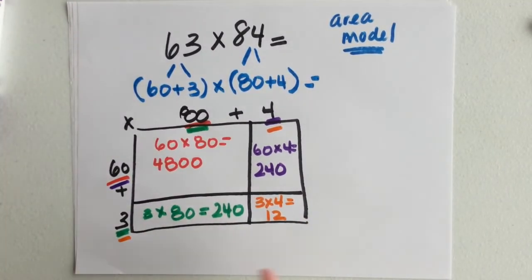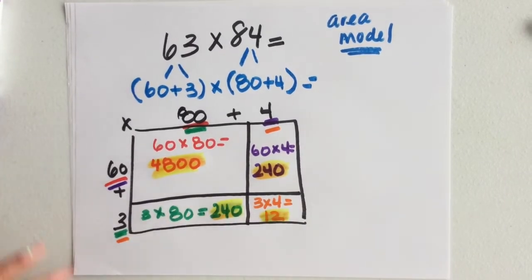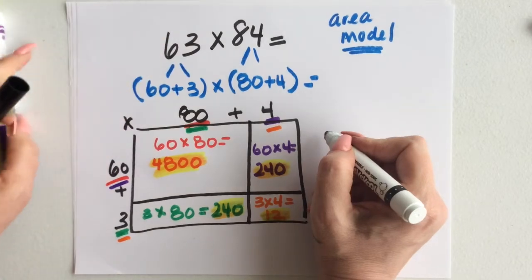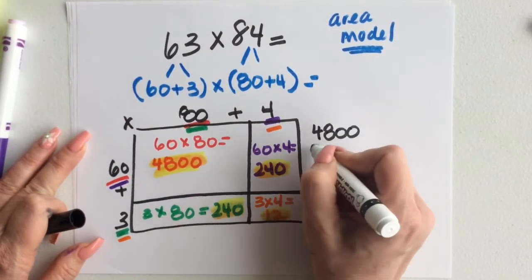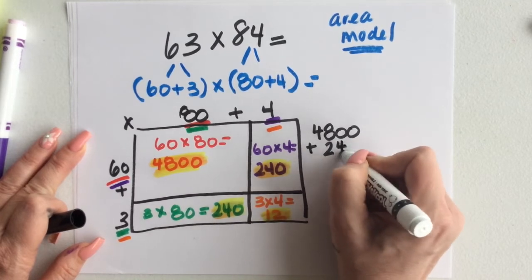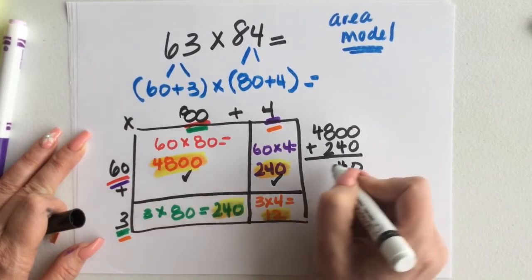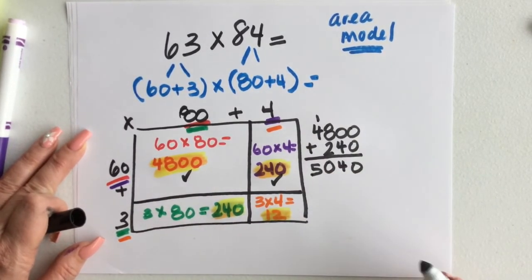So who remembers what we do with all these areas now? You are right on the money. I add them up. So I have 4,800 plus 240. Bam, bam. I like to check them off so that I make sure that I've added all my pieces.